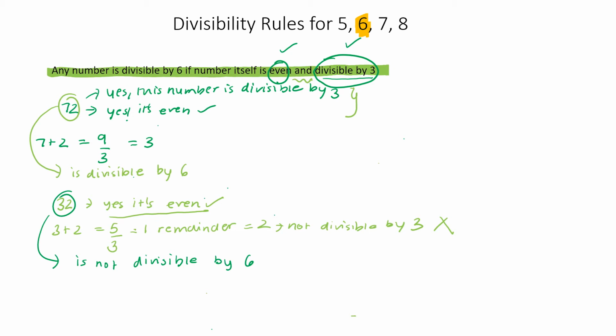And if you want to check that, let's check it on the side right here. 32 divided by 6. Now, 6 times 5 is 30. So our quotient would be 5, sorry, and the remainder would be 2. And because we have a remainder, that shows that 32 is not divisible by 6.